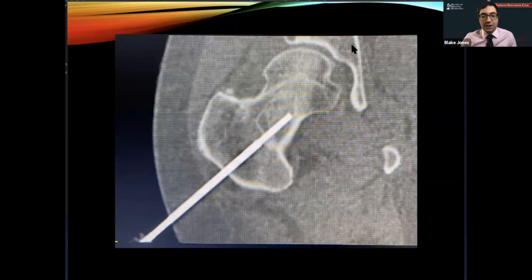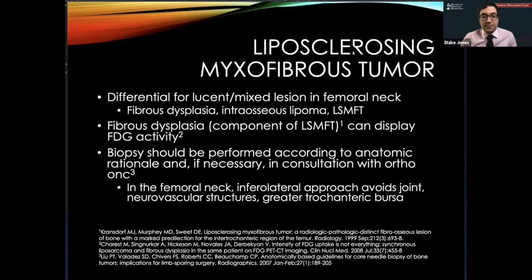So this was the biopsy approach that was taken by myself. All right. And so this case ended up being, well, what the path actually came back as was fibrous dysplasia. But as you know, Dr. Fayad, of course, has continued to teach me even after fellowship.